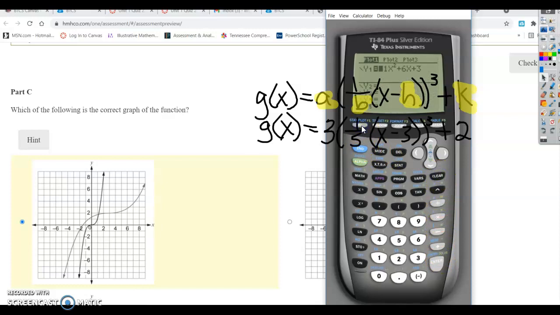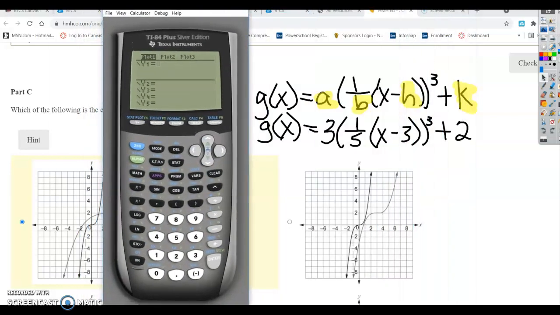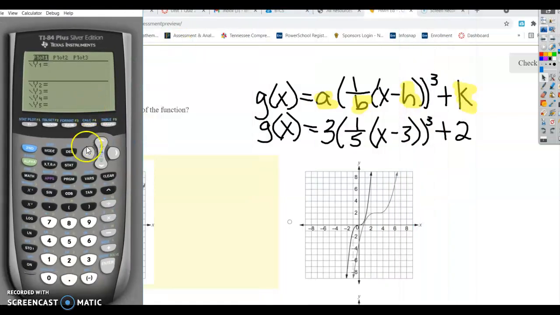And let's do y equals. And if we do y equals, and we can do 3 parentheses, we got 1/5. I don't want to close my parentheses. Let's see.